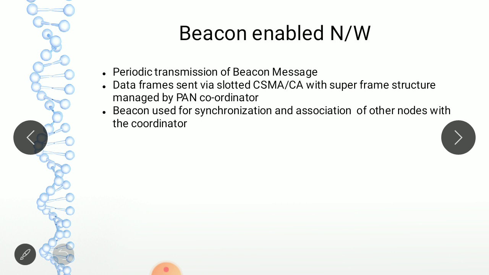It has periodic transmission of beacon messages and data frames via slotted CSMA with a superframe structure managed by the PAN coordinator. PAN stands for personal area network. The beacon is used for synchronization and for discovery of other nodes.